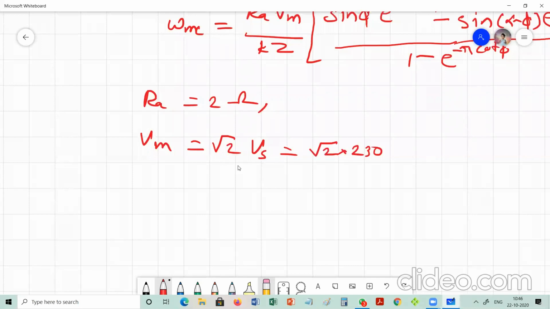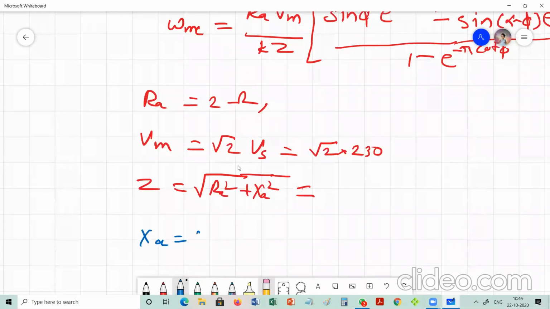Now we have VM. Again, Z is equal to square root of RA square plus XA square. We have to find out first XA. XA is equal to 2 pi f LA, which is 2 pi into 50 into LA.